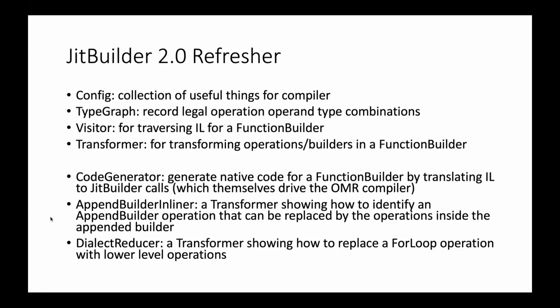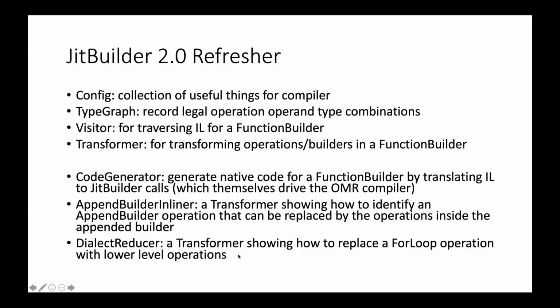And so append builder inliner just walks around looking for append builder operations where the builder object isn't called by anything else, and then it inlines the builder object directly into the parent builder, the builder that contains the append builder operation. It's not actually used by anything right now. It's just an example.